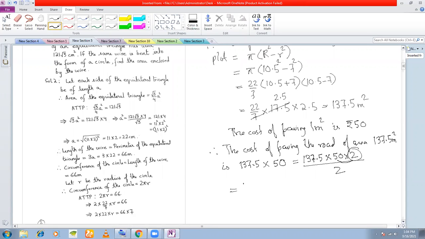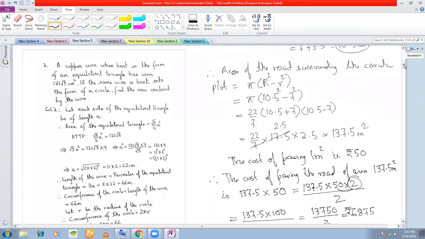Now what you do is numerator becomes 137.5 into 100 divided by 2. So now this becomes 13750. Now it is easy to calculate. So this will become 6,875 rupees. 6,875 rupees to pave the entire road.